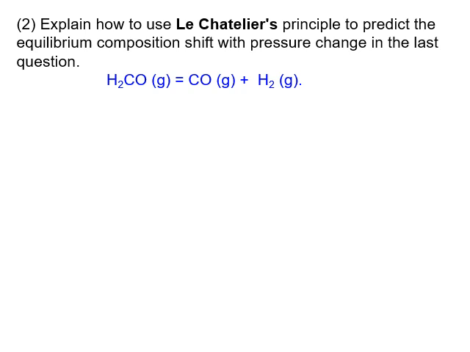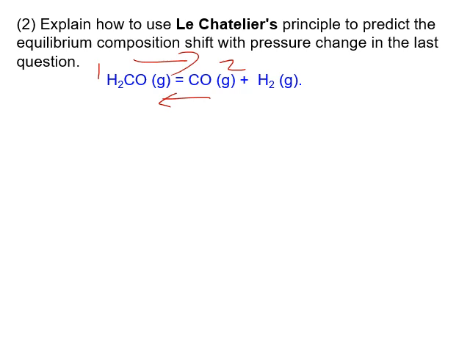For this reaction, the reactant has 1 mole in the gas phase and the product has 2 moles. If the reaction goes forward, that increases the number of moles, which has the effect of increasing the pressure. The reverse reaction decreases the number of moles, which decreases the pressure of the system.